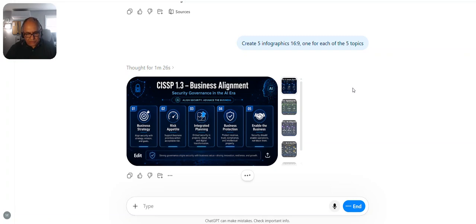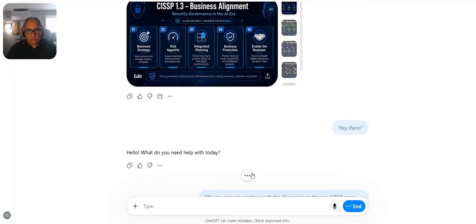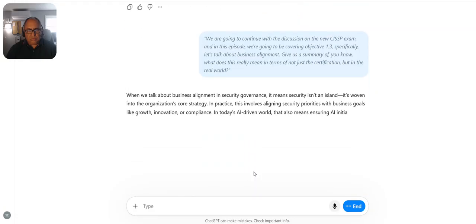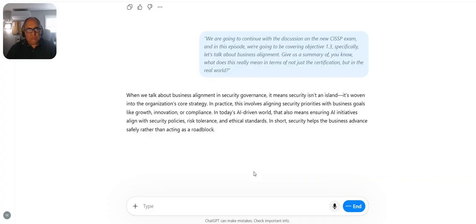When we talk about business alignment in security governance, it means security isn't an island. It's woven into the organization's core strategy. In practice, this involves aligning security priorities with business goals like growth, innovation, or compliance. In today's AI driven world, that also means ensuring AI initiatives align with security policies, risk tolerance, and ethical standards. In short, security helps the business advance safely rather than acting as a roadblock.